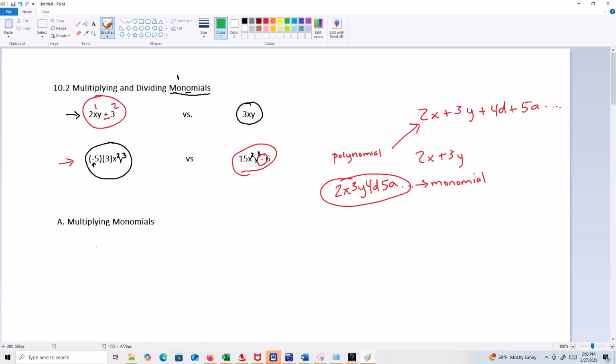Sounds like a happy color. -5 times x to the 4th times y times 3x squared y cubed. We have 2 monomials here, monomial 1 and monomial 2. I know they're monomials because I see no addition or subtraction.